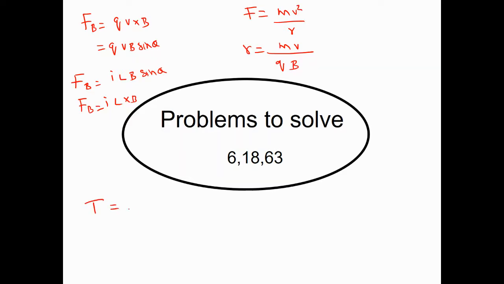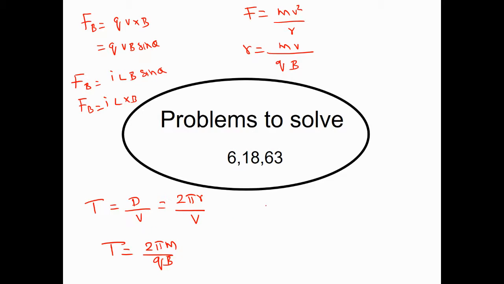Time period is distance over speed. Am I right? Here the distance is 2 pi r, divided by v. When you take the r value and substitute here, what will happen? Your time period formula becomes 2 pi m divided by q multiplied by B.